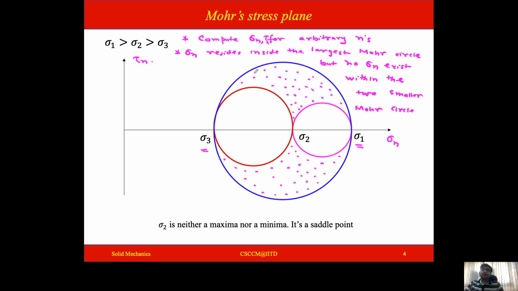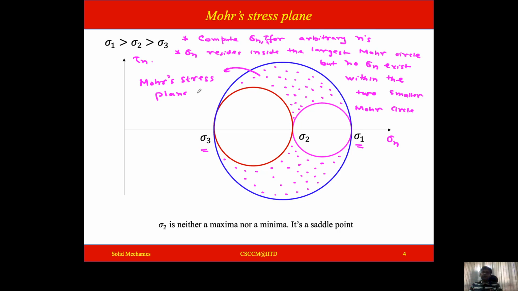So this plane where the sigmas lie is known as the Mohr stress plane. The portion I have marked with dots using the magenta color is known as the Mohr stress plane, right?